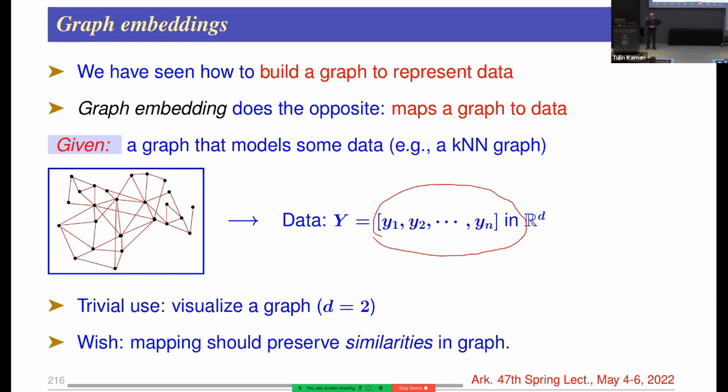For example, you have a graph and you want to get a coordinate representation in 2D so that you can view it. That's the example I showed you at the very beginning with Markov chains.